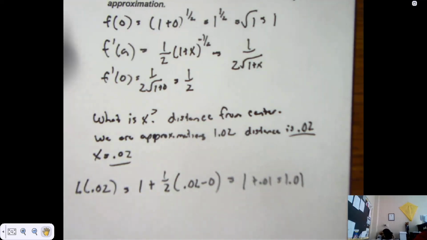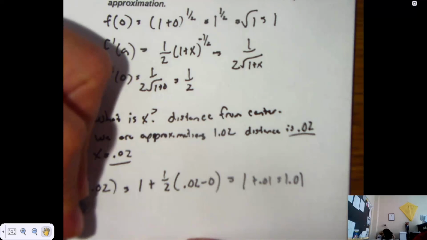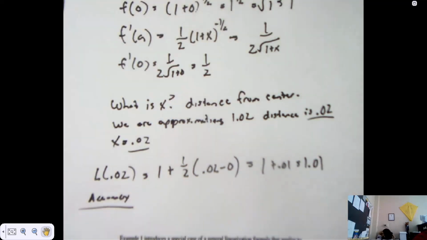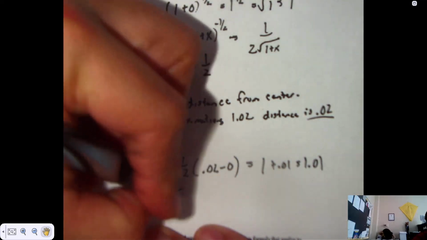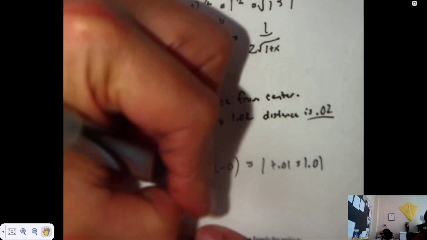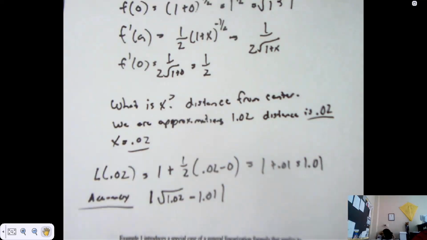We are supposed to determine the accuracy. How accurate is it? Well, accuracy is going to be how far apart you are from the actual value. The accuracy is the absolute value of whatever the square root of 1.02 is minus your approximation. And we can figure that out now.